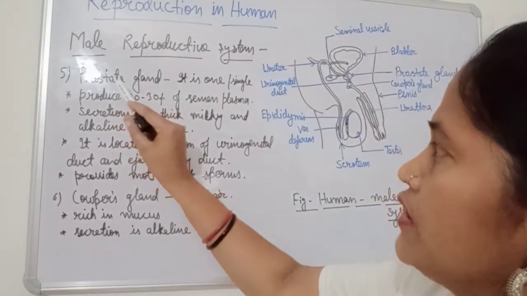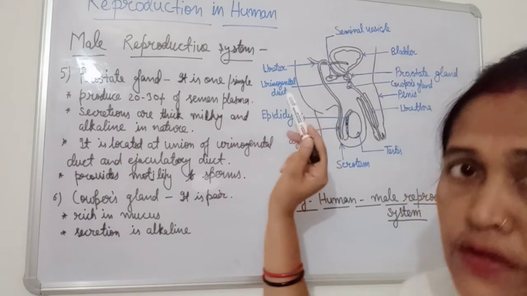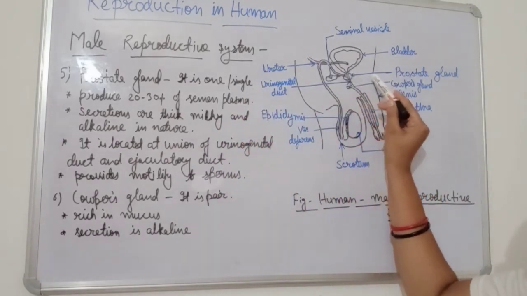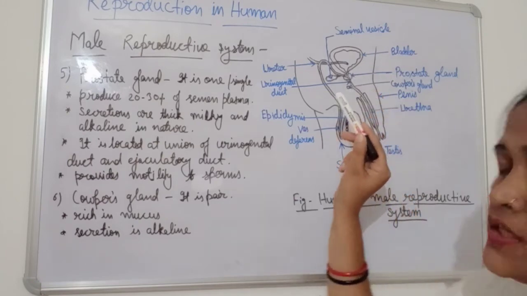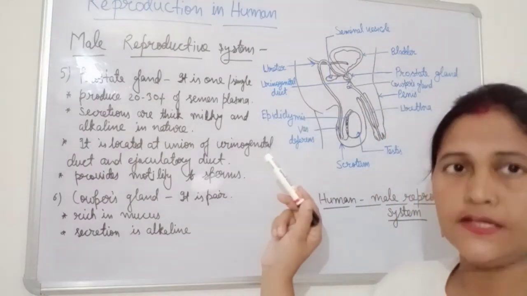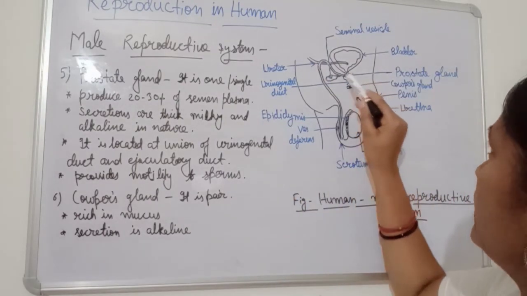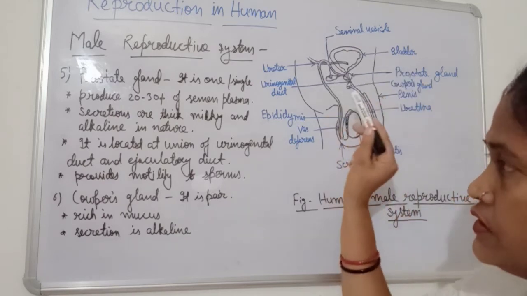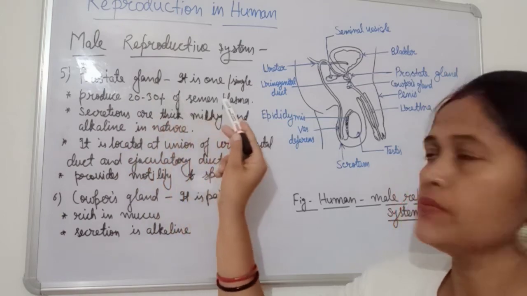Next, the prostate gland. It is single, 1 in number, and in the diagram it is given here, all of you can see. It is present in the area where the urogenital duct and ejaculatory duct unite. So it is a common area for the urogenital duct as well as the ejaculatory duct, and it contributes 20 to 30% of semen plasma.